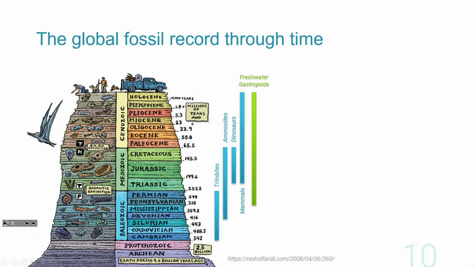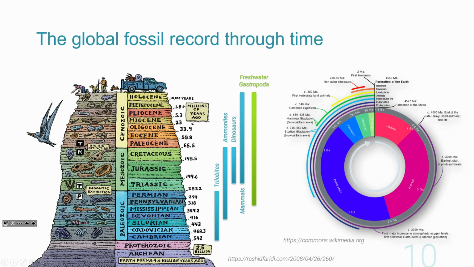And if we look at Earth history as if it were a 24-hour day, the Cambrian explosion would be maybe 10 o'clock, and freshwater gastropods maybe somewhere here, 11 o'clock, compared to mankind, 2 minutes, maybe? Really unimportant.